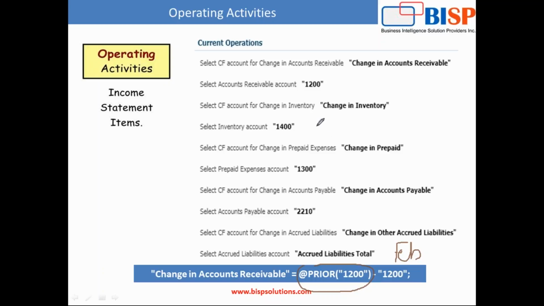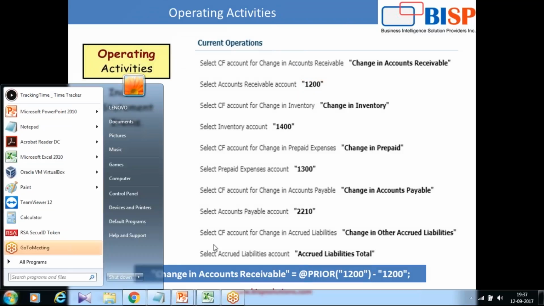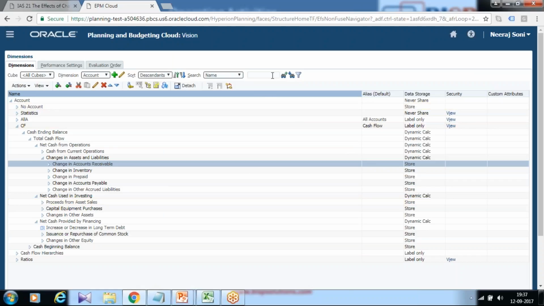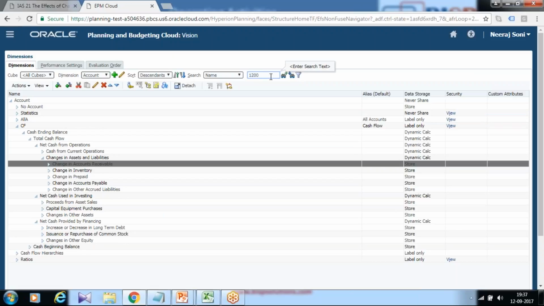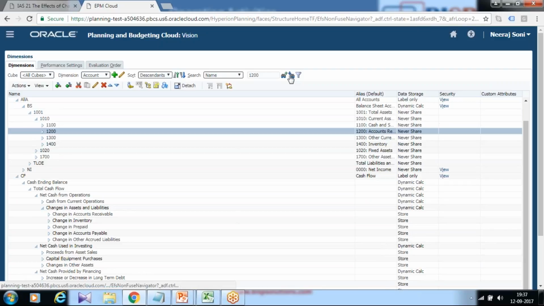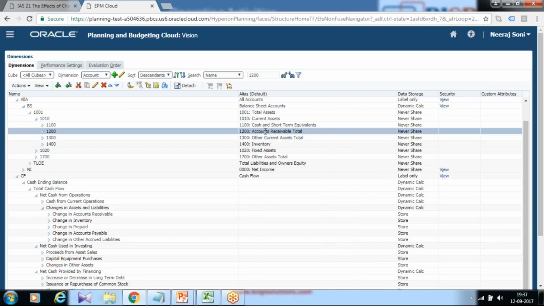In a similar fashion, we can calculate different members under current operations. You can actually see this 1200 is part of your income statement. You can search over here. This is the name. So this is total account receivable, and between two consecutive periods, the output is stored in change in account receivable.